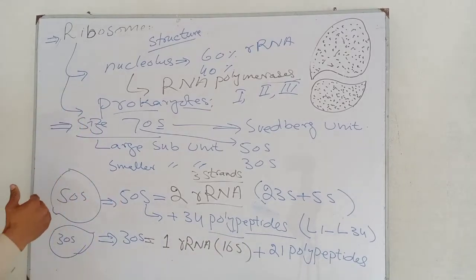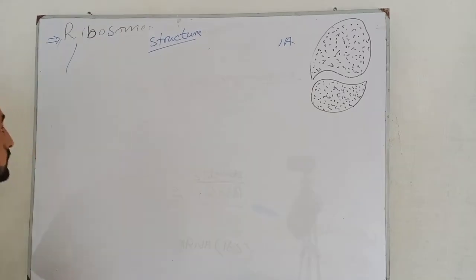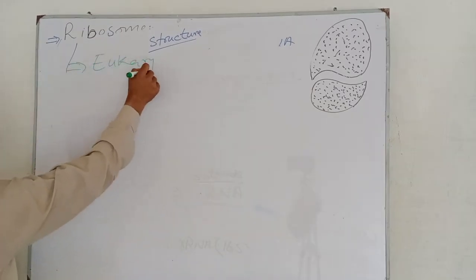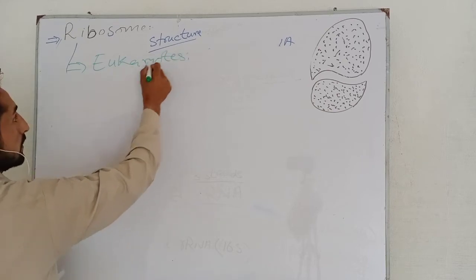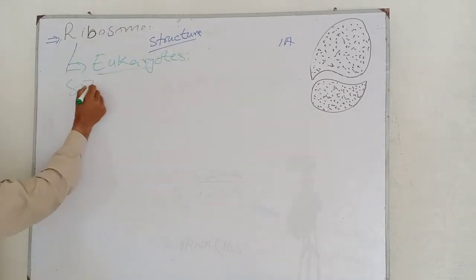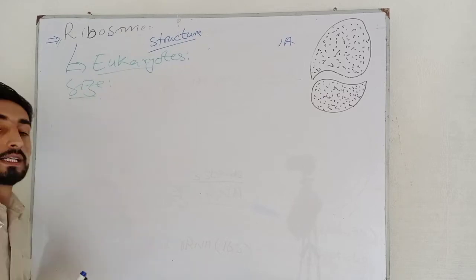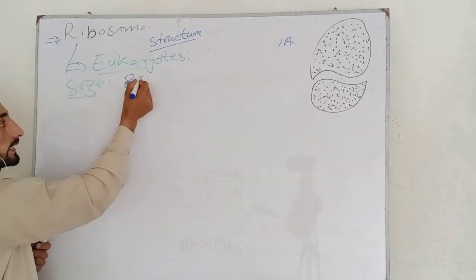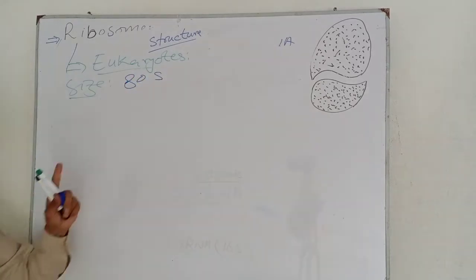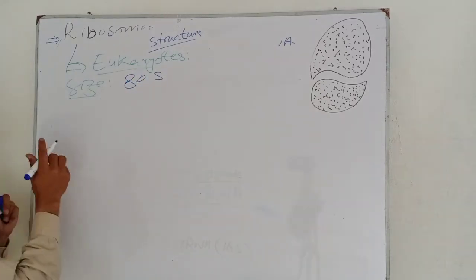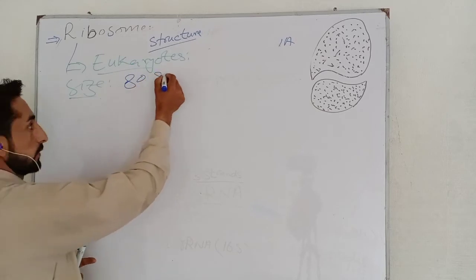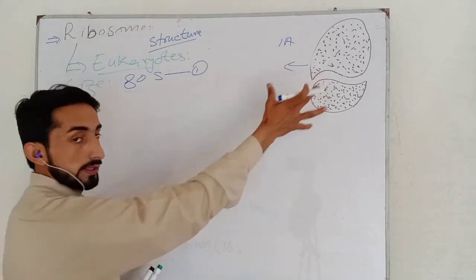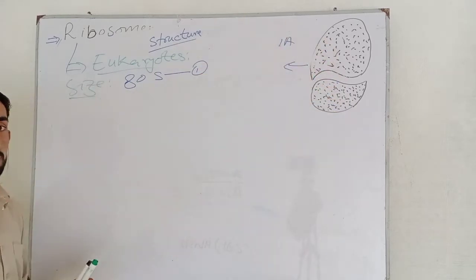Let's see the eukaryotes. The eukaryotic ribosome is 80S in size, made up of 2 subunits. Suppose this is the eukaryotic ribosome.